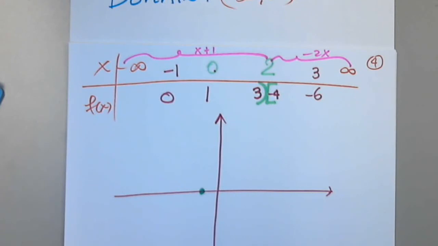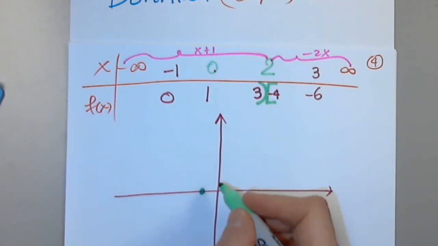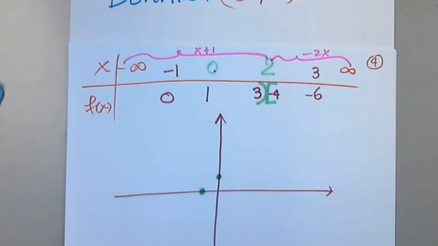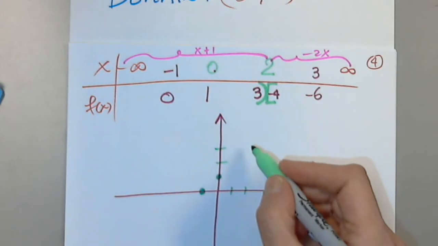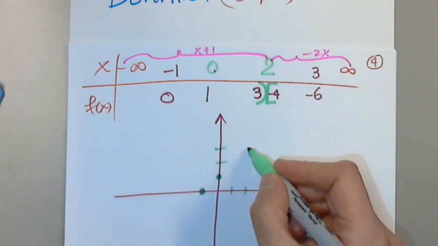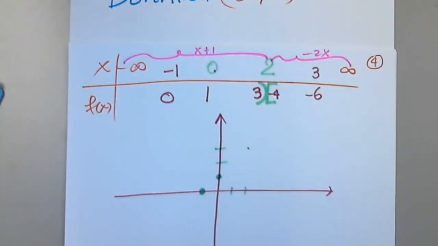Next ordered pair, please. Next ordered pair, please. What type of point is this? I wasn't allowed to plug in 2. Open. Exactly.